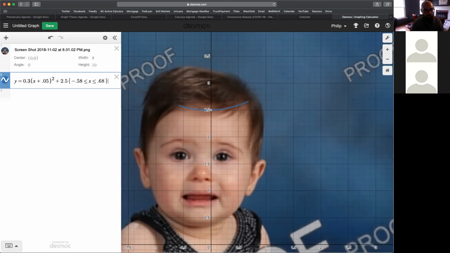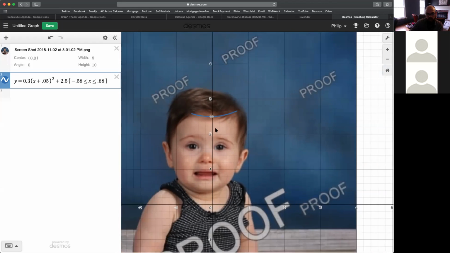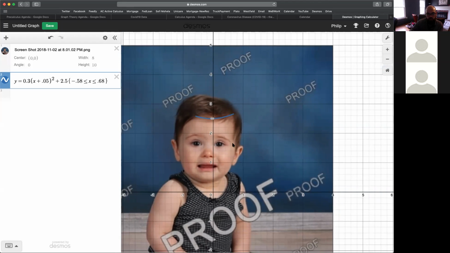So this could be a reasonable start to tracing Zoe's hair. Then I would come down on this side, and if I wanted to, I could just make it straight down. It doesn't have to be perfect. Notice how some of these hairs are coming out underneath; we don't need to capture the image perfectly.